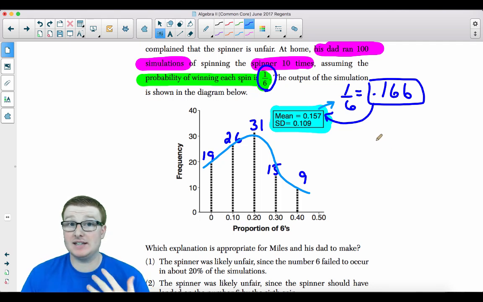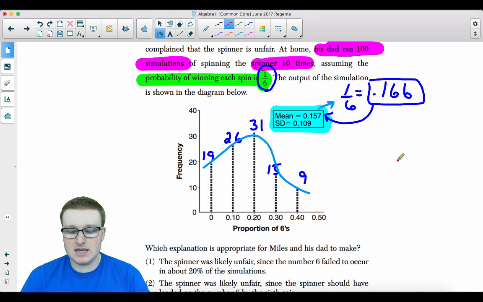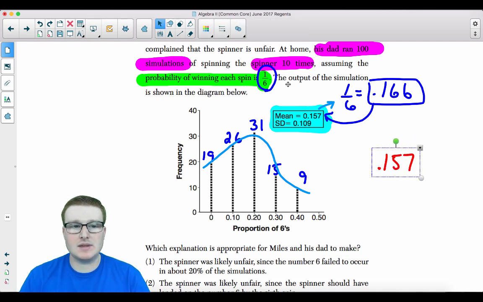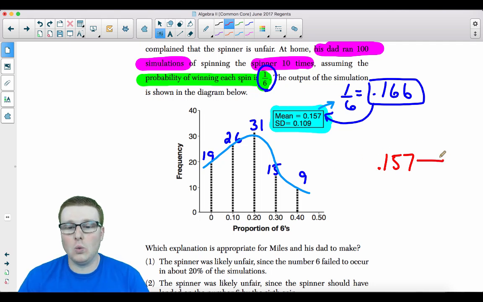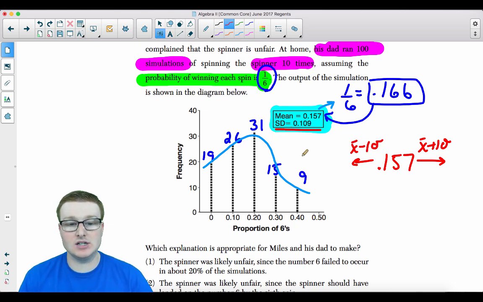I said to myself first, let's calculate where the mean is. So the mean is 0.157. Okay? What I'm going to do is calculate the mean plus 1 standard deviation to the right and the mean minus 1 standard deviation to the left, because they tell us the standard deviation.